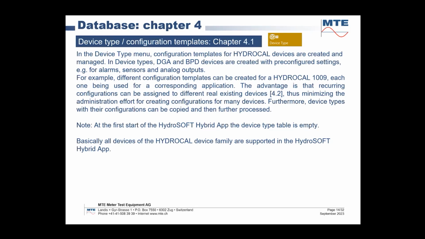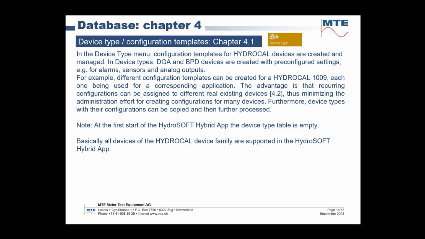In the device type menu, you can create templates for HYDROCAL devices, and you can create and manage them. In device type, DGA and BPD devices are created with pre-configured settings. I will show you later on what you can create as a profile, but it's mainly for the alarms, sensors, and analog outputs.